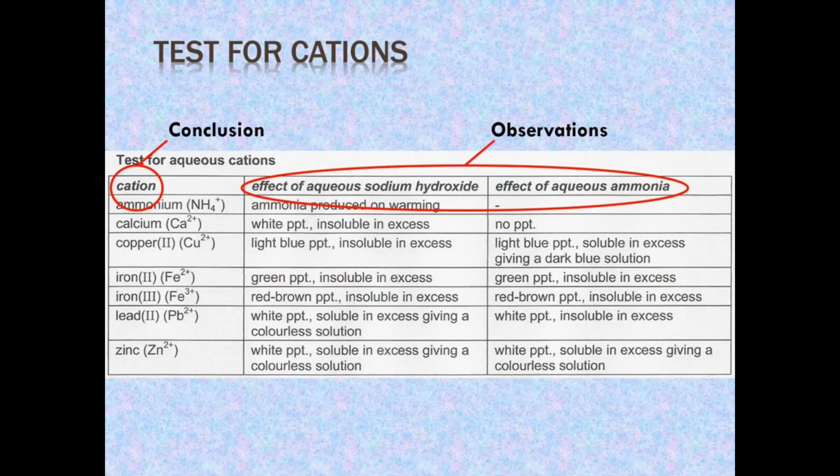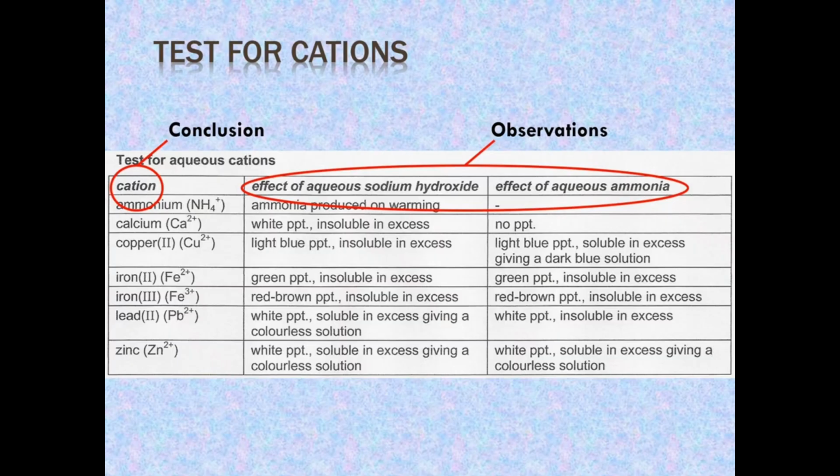For the effect of aqueous ammonia, there's none, so that's something you should know. For the calcium part, it usually forms a white precipitate which is insoluble in excess, and with aqueous ammonia it's slightly soluble, but still insoluble.